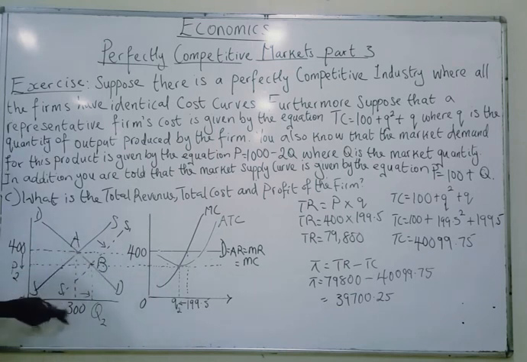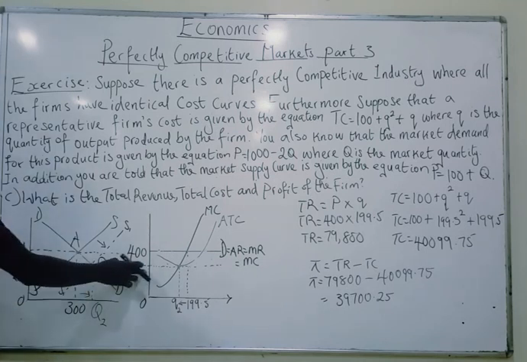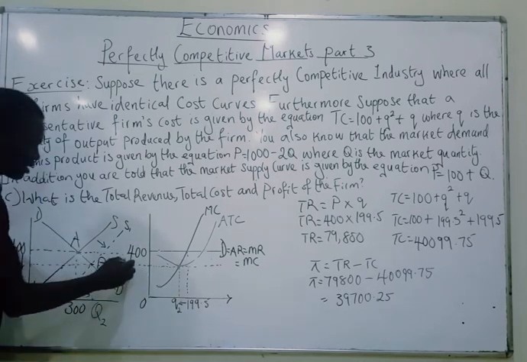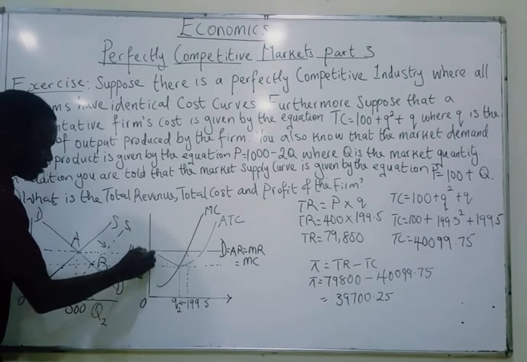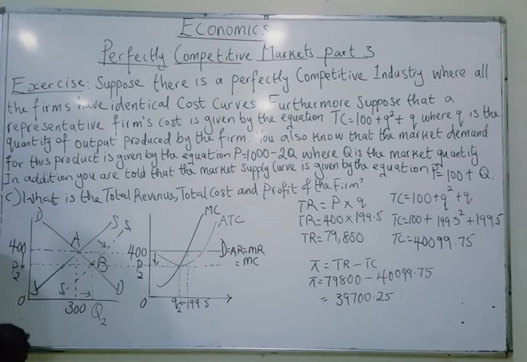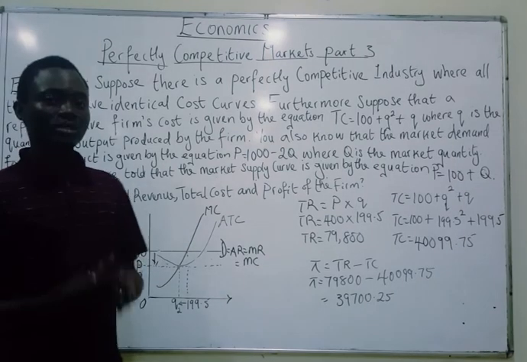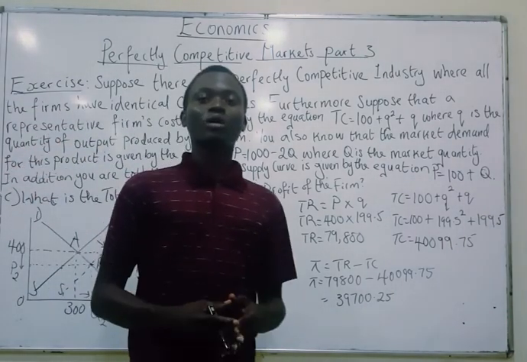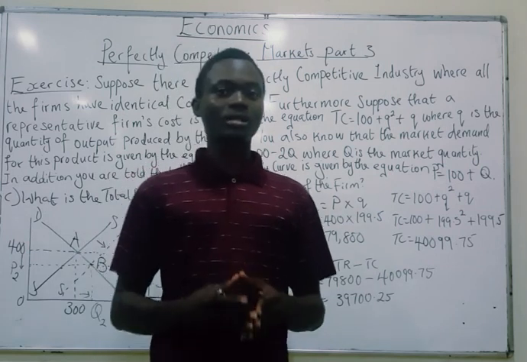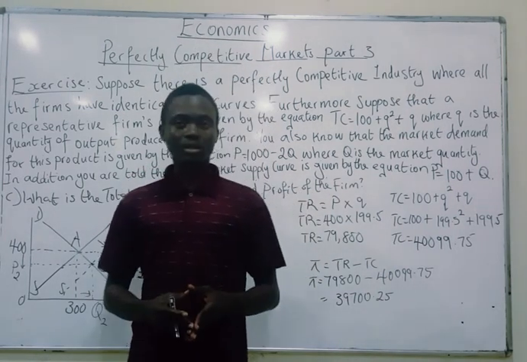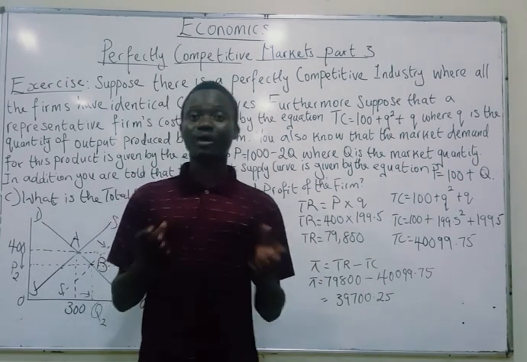So this was the initial quantity, 300, and we have a new quantity now, Q2, and we expect Q2 to be greater than 300. Tracing this curve out to determine the price, the firm is now taking a lower price. Entry continues until there is zero economic profit for each firm in the market.